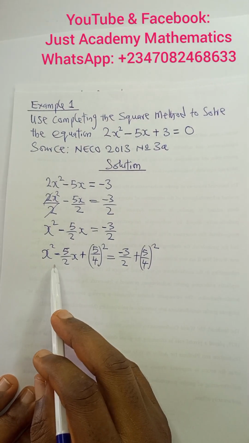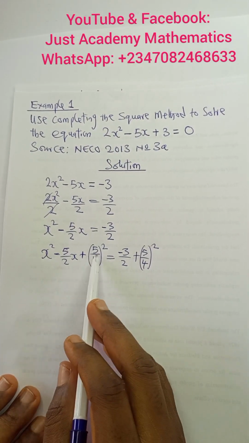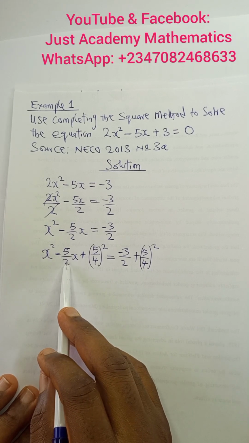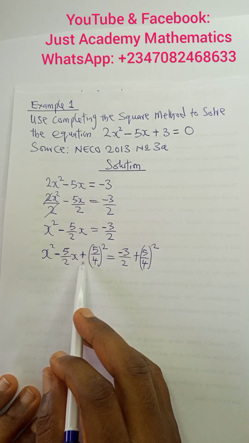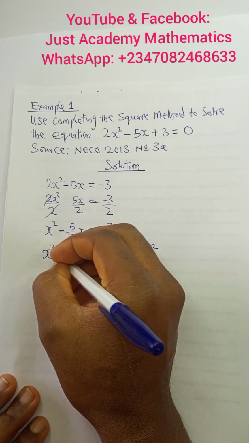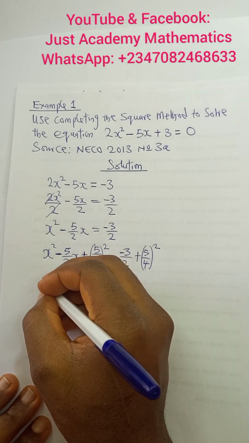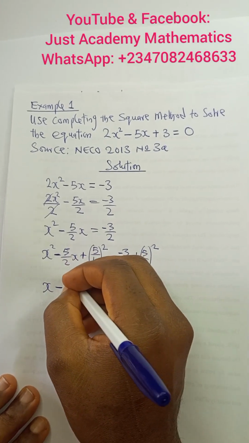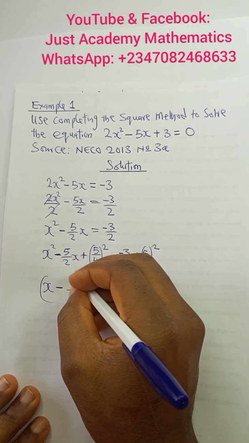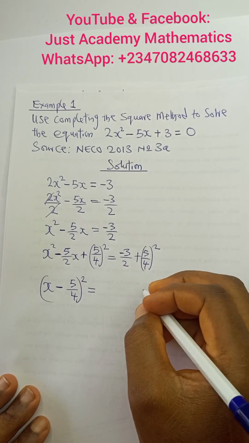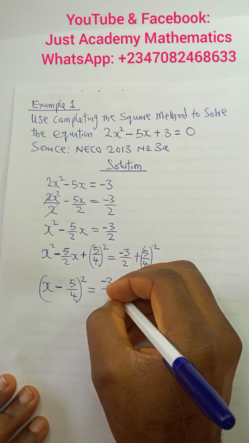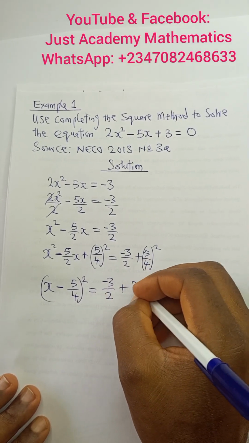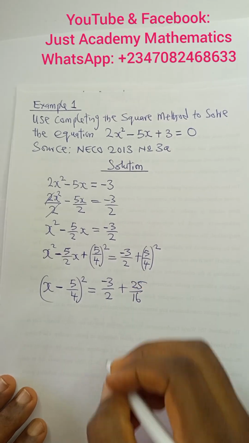Now, I told you that when you factorize this, you have to pick only these two that are squares and leave this behind. But remember, I also told you that if here is minus, make sure you pick minus. That is, this is x minus 5 over 4 squared is equal to, this will give me minus 3 over 2 plus 25 over what? 16.